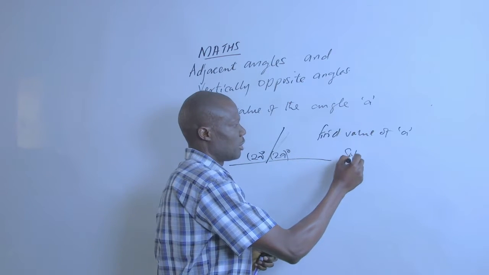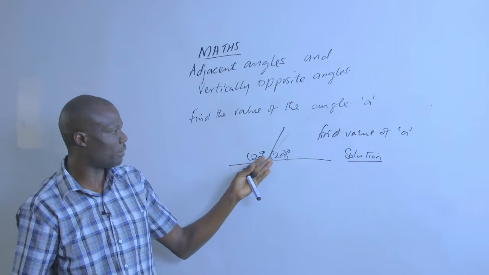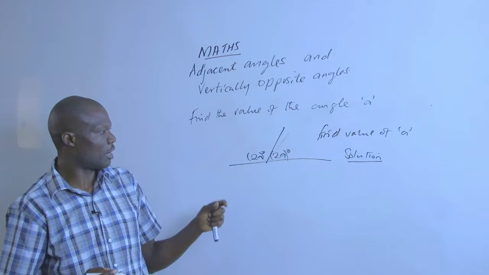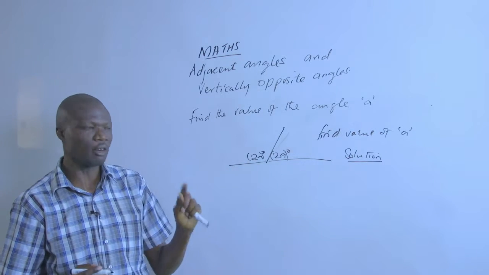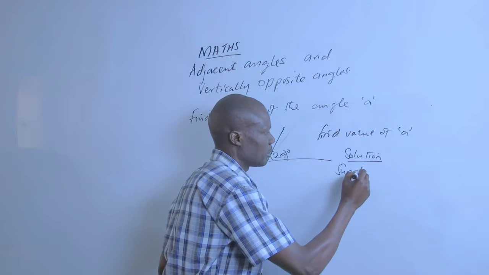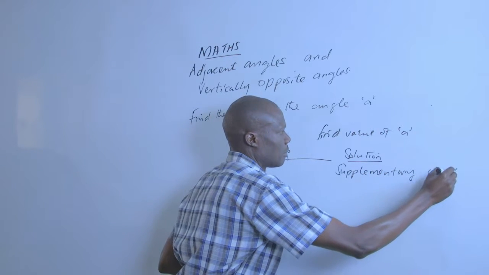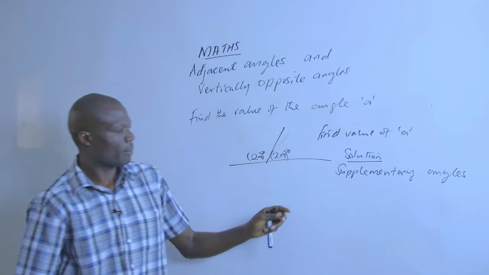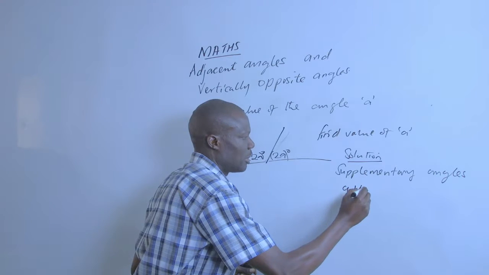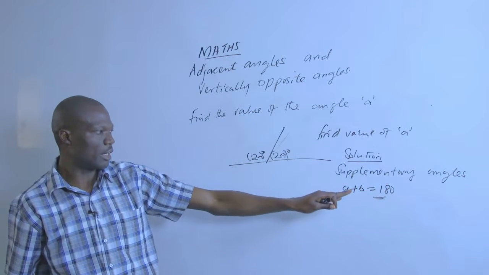In our solution, first of all, we identify what type of pair of angles these two are. You'll notice that the two angles form what we call a supplementary pair of angles. Supplementary angles means that A plus B should give us a total of 180 degrees.